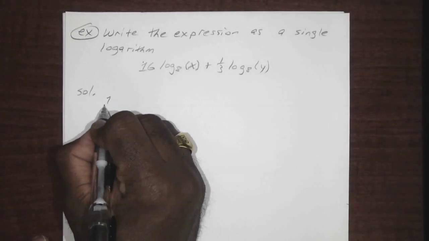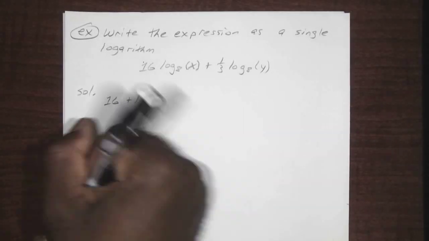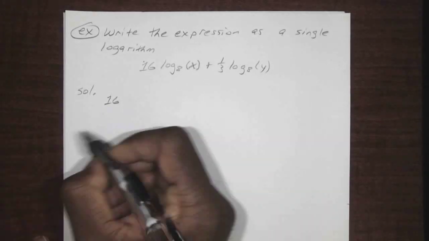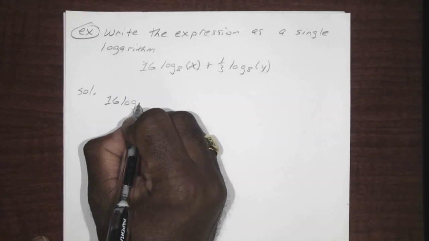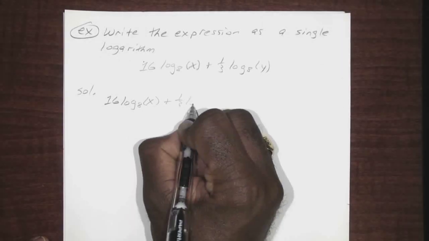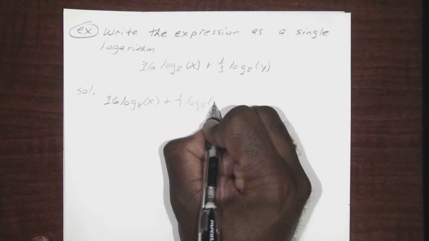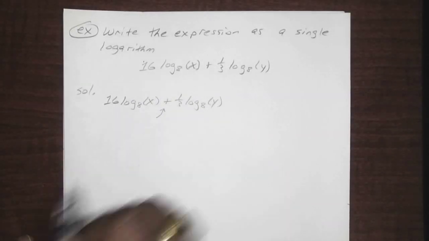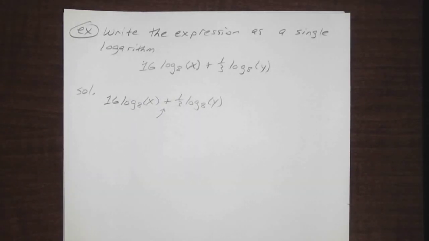Okay, so I'm just going to rewrite it. So 16 log base 8 of x plus 1/3 log base 8 of y. Whenever you see that plus sign, that's how you automatically know you're going to use the product rule.